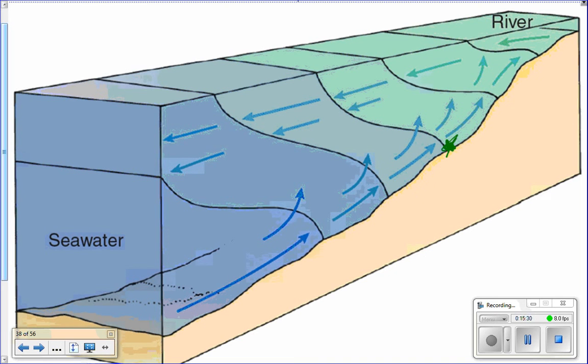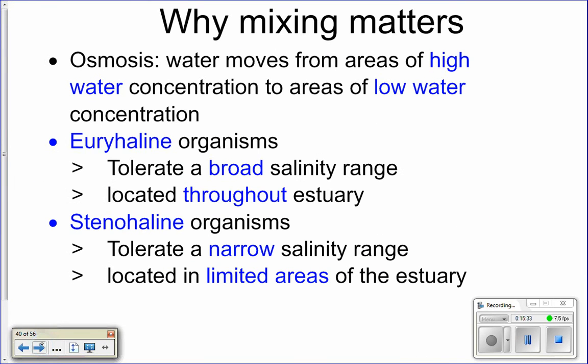Okay. So animals have to be able to deal with these changes in salinity. And you have animals that will do that in a variety of methods. Some animals are called osmoconformers, and their salinity and water concentration changes with the surrounding salinity and water concentration.